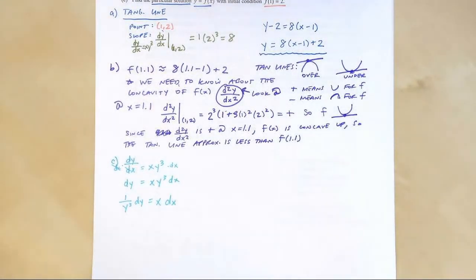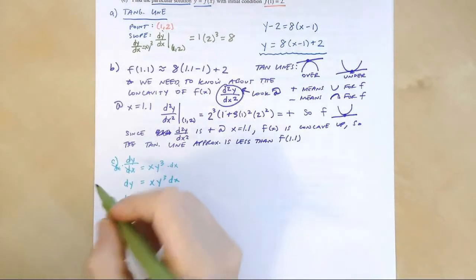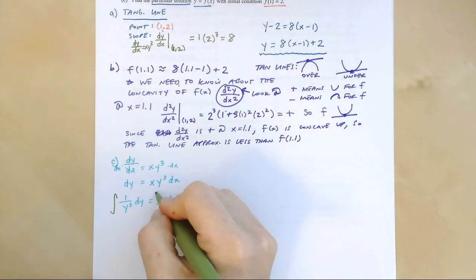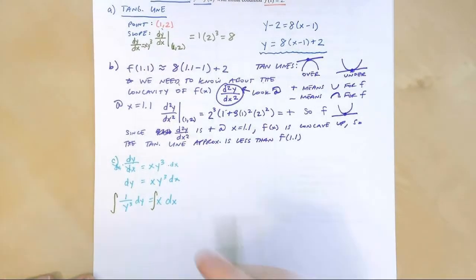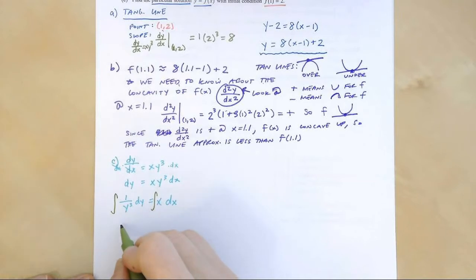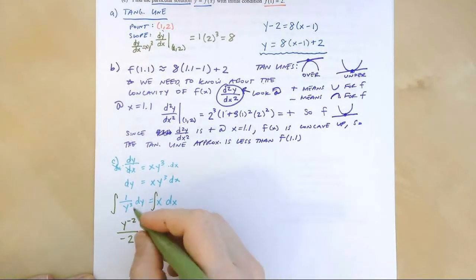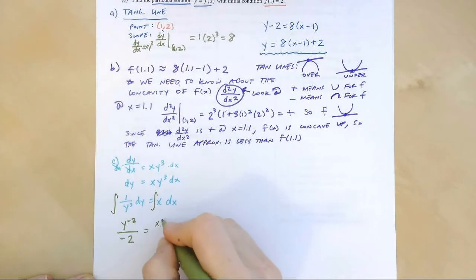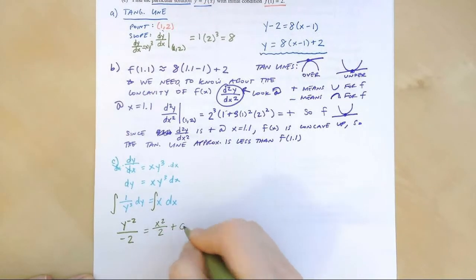Okay, next step, integrate. So now we are going to take an integral on both sides. This is y to the negative 3, so the integral is going to be y to the negative 2 over negative 2 equals x squared over 2 plus c.